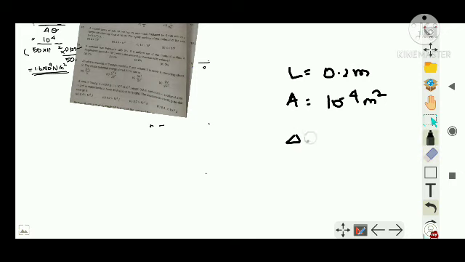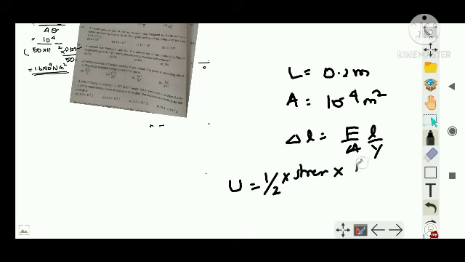Change in length is equal to force per unit area and original length by Young's modulus, right? So I can write the potential energy is equal to half into stress into strain.